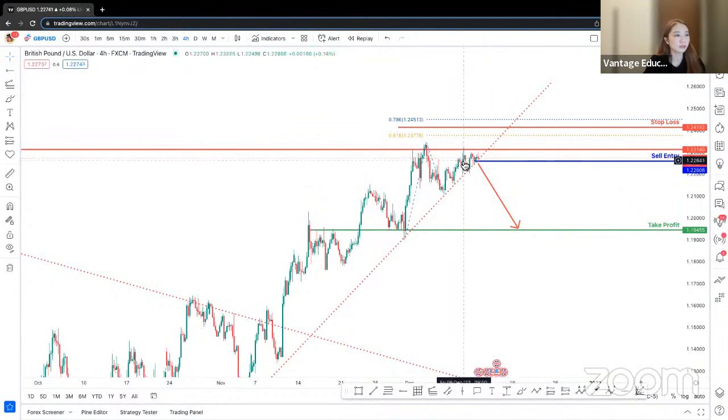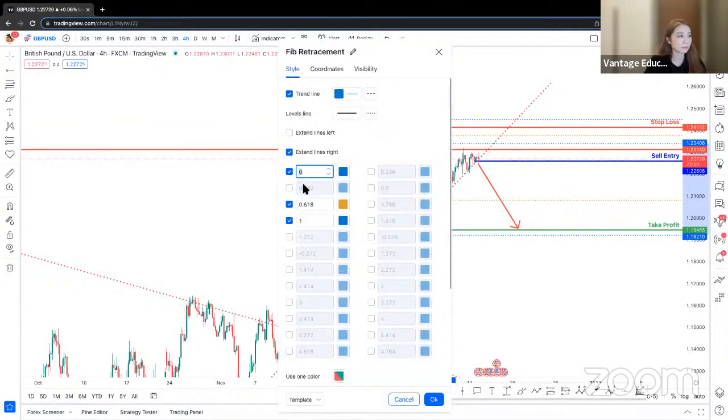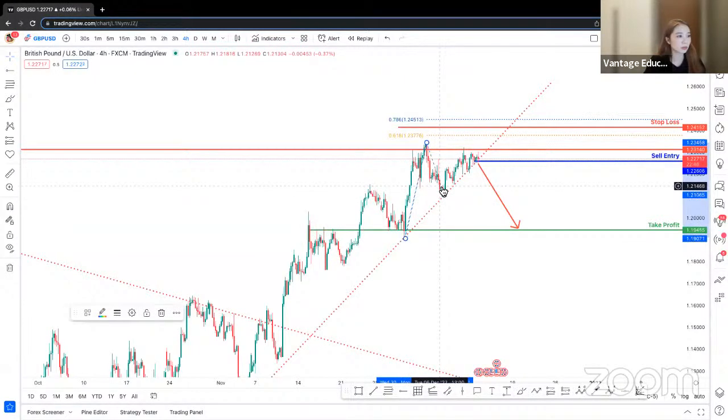However, I would much prefer if price actually drops out of this smaller trend line, and then you do the entry. It's to confirm that we are not abiding by this upward moving trend anymore, and we are moving downwards, and we are unable to oppose this resistance. All right, so I'm looking at the fib retracement. Sorry, hold on.